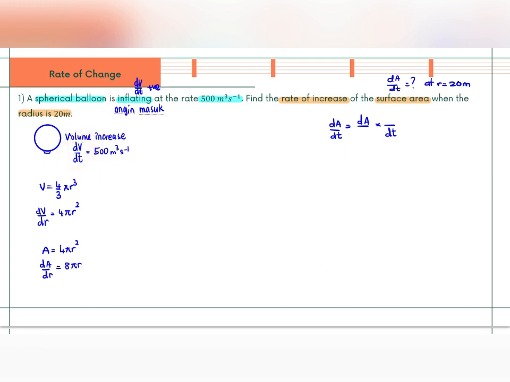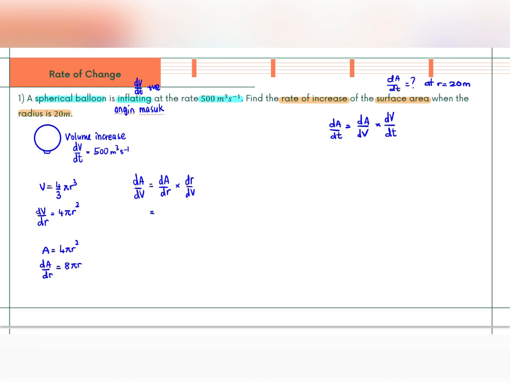So that means here will be dV and here will be dV as well. So saya perlukan dA over dV and dA over dV akan datang daripada this information. Okay, so dA over dV will be equals to dA over dr multiply by dr over dV.